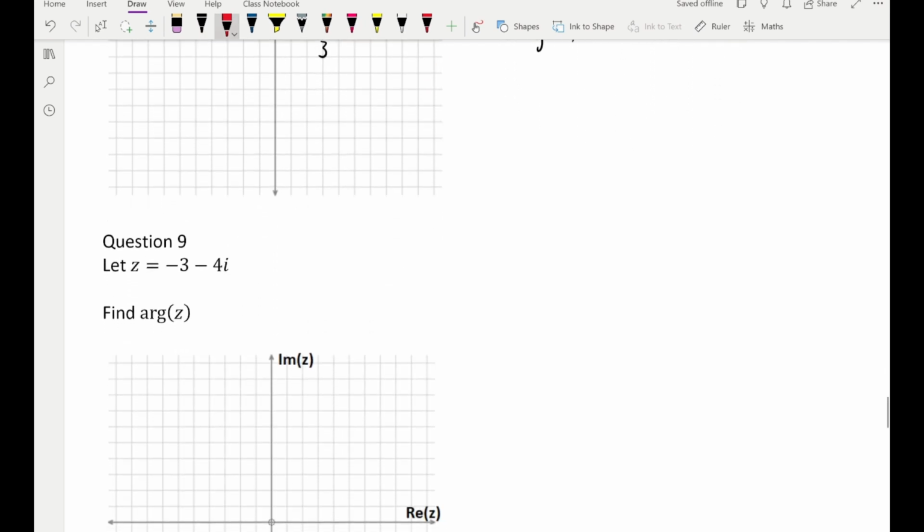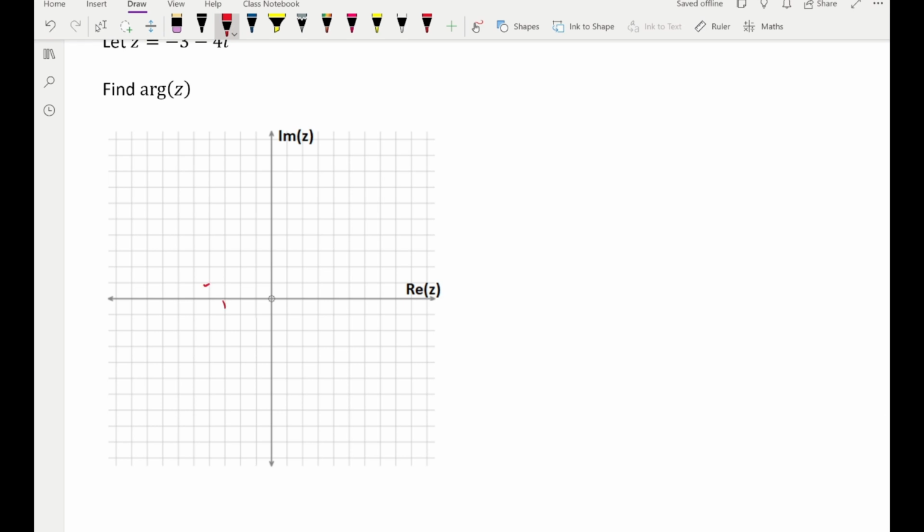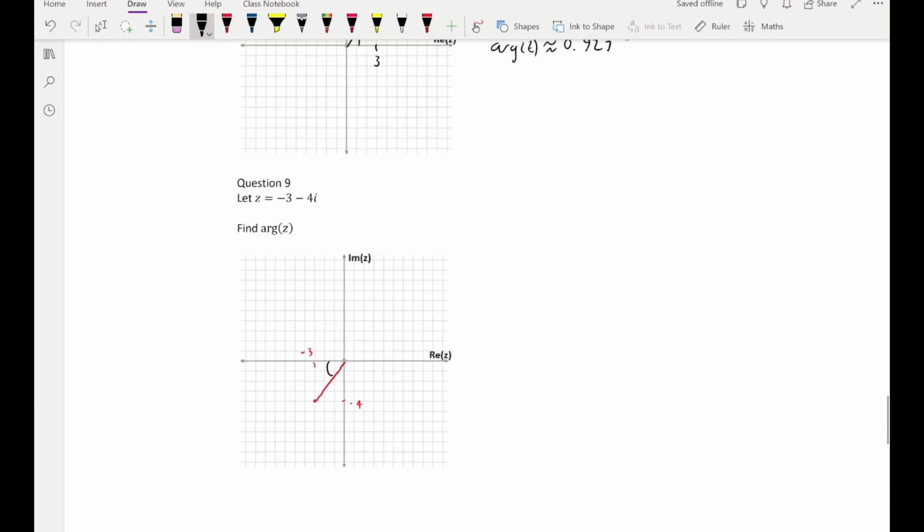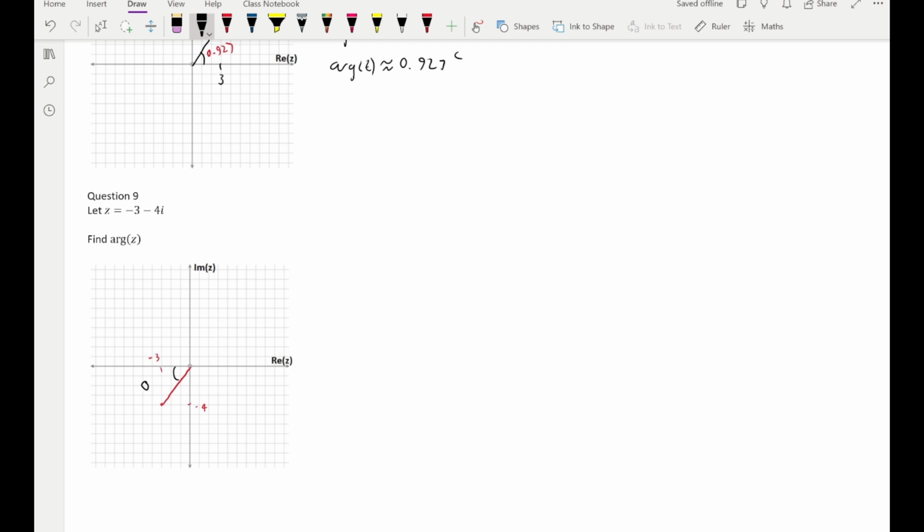So what would we do if we had minus 3 take 4i? Well, we'd be here and here. From the last question we did, we knew that this angle in here is going to be 0.927. So for the argument of z, we go all the way out to pi, the whole way. So minus pi plus 0.927.